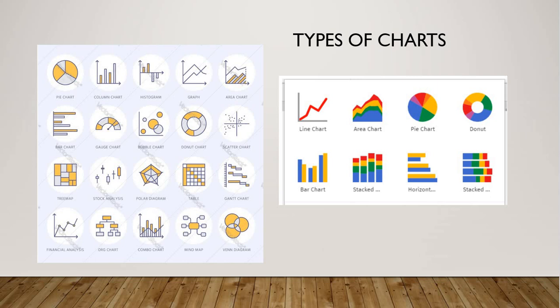Okay, ni antara chart-chart yang biasalah, Venn diagram, mind map, polar diagram, stock analysis, bubble chart, scatter chart. Okay, ni line chart, area chart, pie chart, donut, stack. Okay, stack ni yang kita guna untuk buat Gantt chart, bar chart and horizontal.